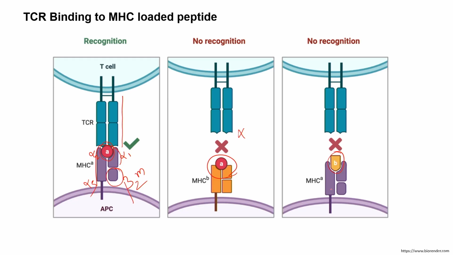That stands for two things: first, the size or the conformation of the antigen is very important to bind with the MHC1 molecule. Second, the type of MHC1 molecule is very important. Suppose in this case we have two similar antigens, but the HLA types are different, so MHC A and MHC B are different, and therefore the binding of these two antigens may not be recognized by the MHC molecules.